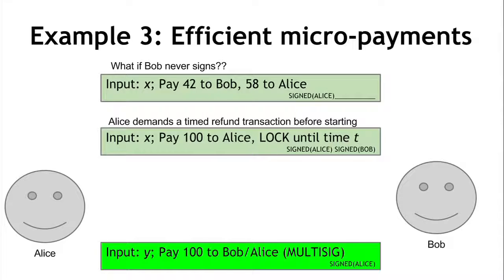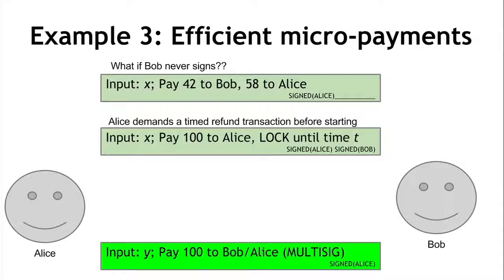So before Alice signs the first transaction paying for the first minute of service, she's going to want to get this refund transaction from Bob and be able to hold that in her hand, and know that if she makes it to time t and Bob hasn't signed any of the small transactions that Alice has sent, Alice can publish this transaction which refunds all of the money directly to her.